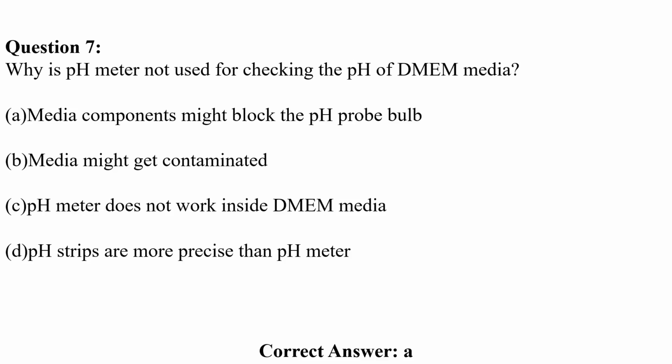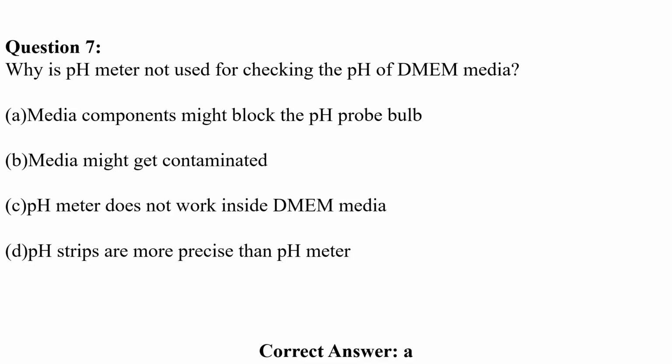Since this DMEM media has several components, we have the FBS, that is the fetal bovine serum, which has multiple growth factors. So many different components are added in the medium, and these components hinder this pH measurement. We don't get a very accurate measurement with the pH meter.